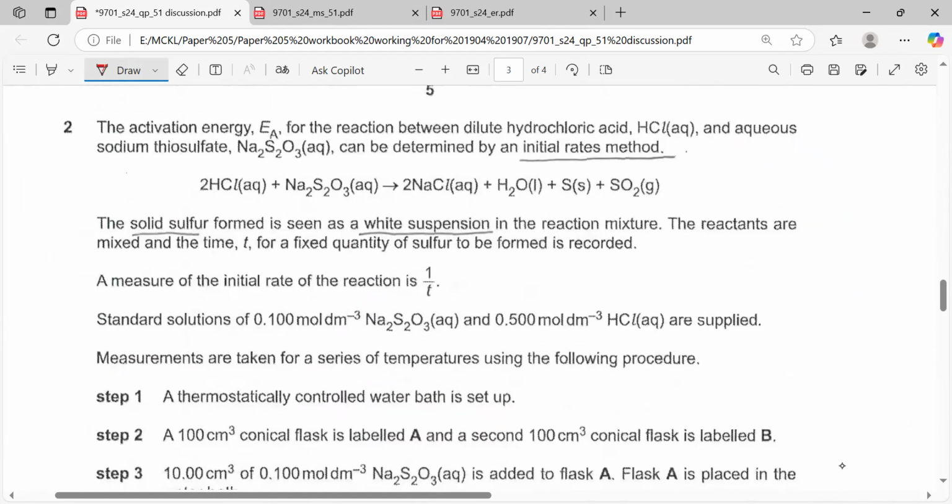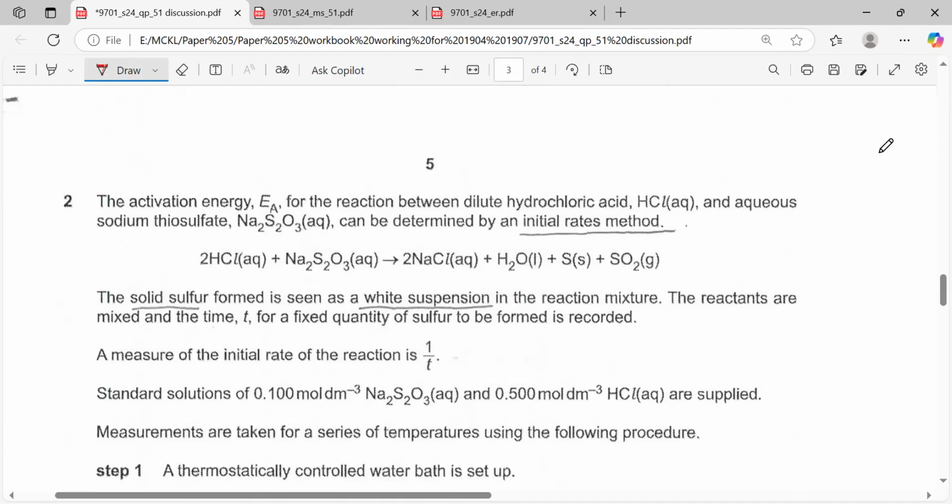The activation energy EA for the reaction between hydrochloric acid and aqueous sodium thiosulfate can be determined by an initial rate method. I hope you all know what the initial rate method is. Initial rate method means we use the initial rate to represent the whole reaction rate, because we know as time progresses, the rate will always decrease.